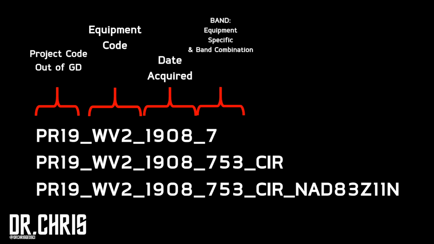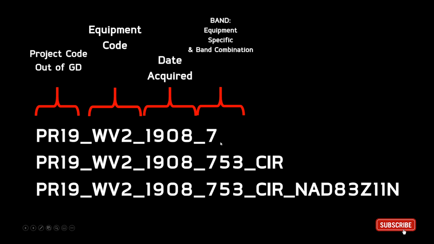The next is the band, and this is equipment-specific bands and band combinations. In this first example, this number 1 right here, you can see 7. So that's, in this case, for Worldview 2, band 7 is near infrared. Now down here in the next line, what we have is the band combination that we created through the band combination tool within ArcGIS Pro.